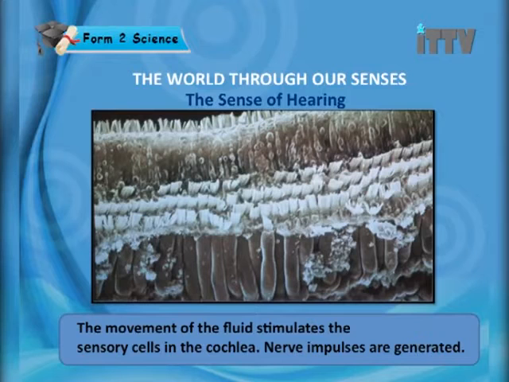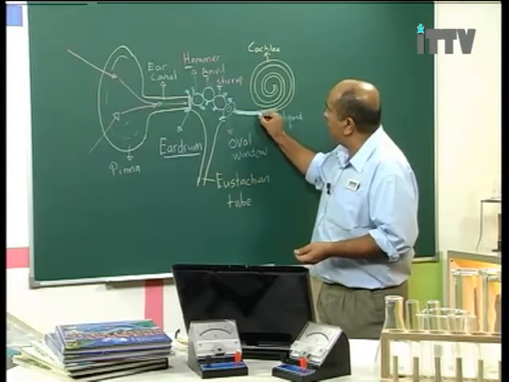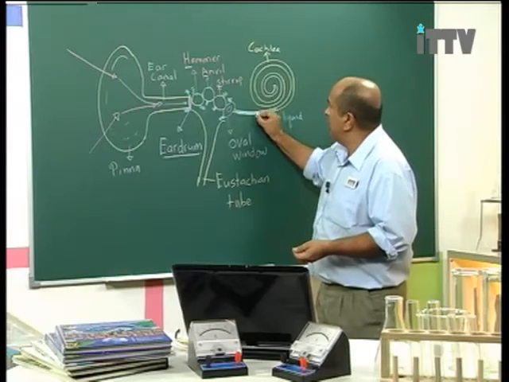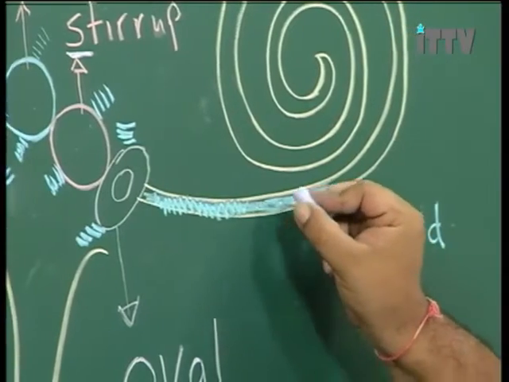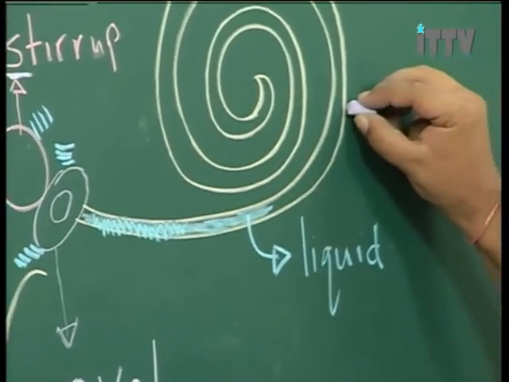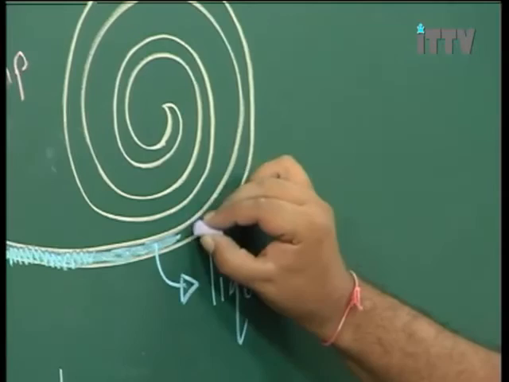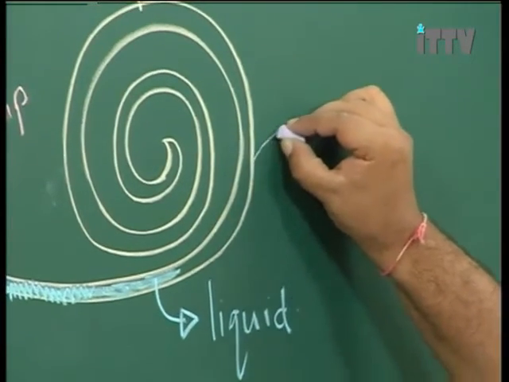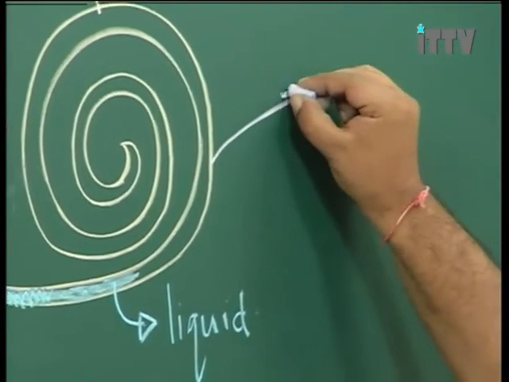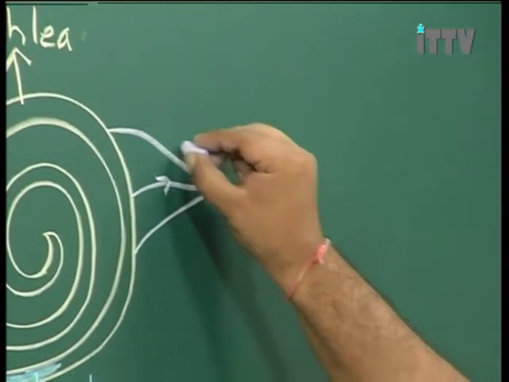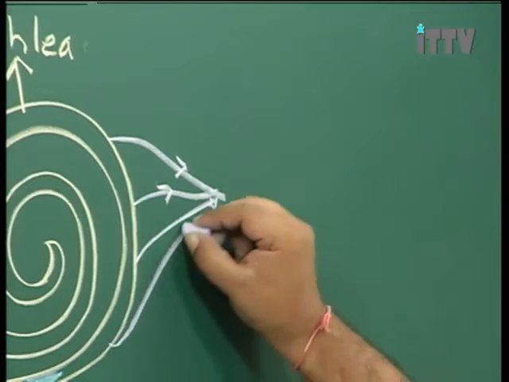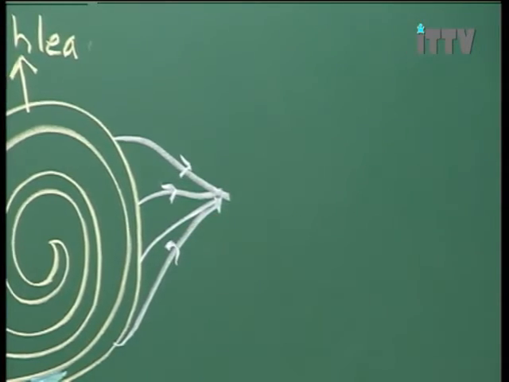Nerve impulses are generated. So inside the cochlea here, we've got all our receptors. As there's vibration coming out here, what happens is nerve impulses are released. So as these vibrate and vibrate and vibrate, nerve impulses come out from different parts of the cochlea, like so.